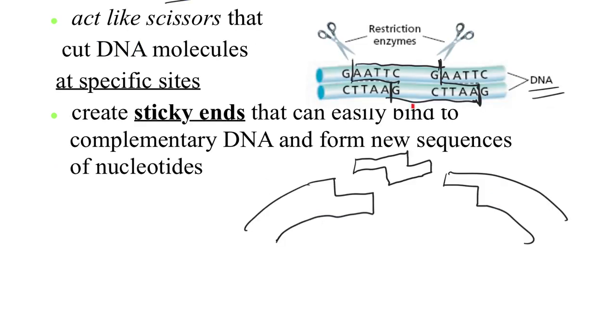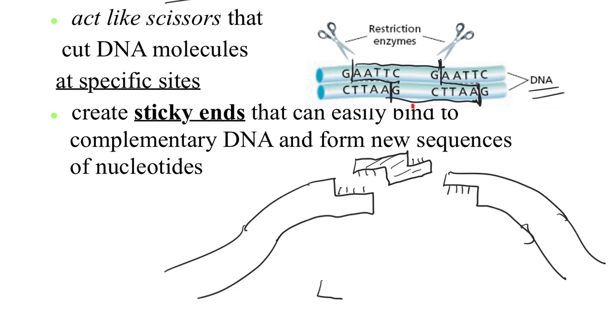So what results is the rest of the DNA with a piece broken out of it, and then the DNA fragment right here. Both of these have what we call sticky ends. Part of one strand of the DNA is sticking out, and it can stick to other DNA that the genetic engineer decides to put in.